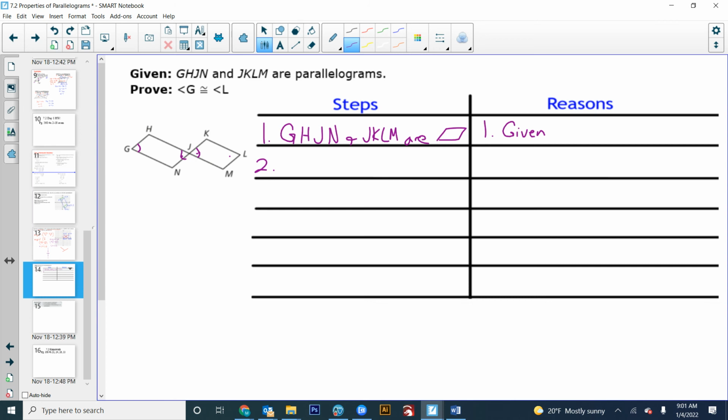So I'd probably put angle G congruent to angle HJN. And angle KJM congruent to angle L.